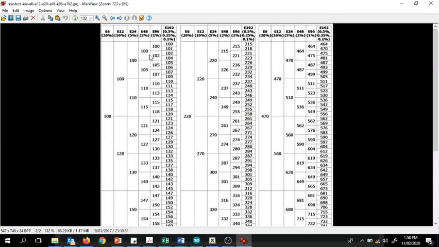Up to E24, the last digit is a 0, which means you have only 2 significant numbers. But in E48, you see 100, 105. That means you need 3 numbers to represent the value, so you need the 5 band color code.